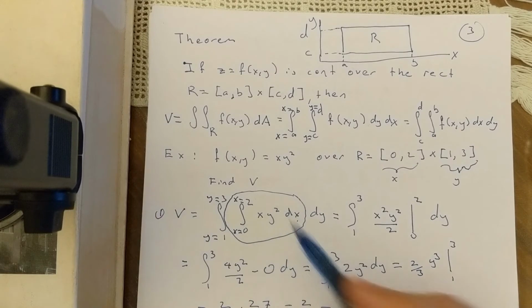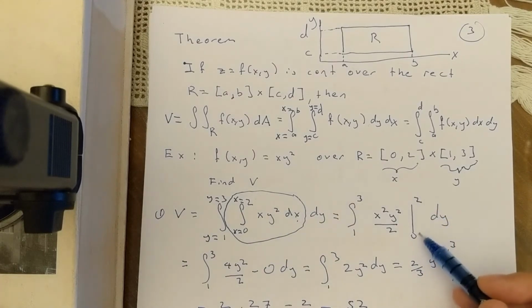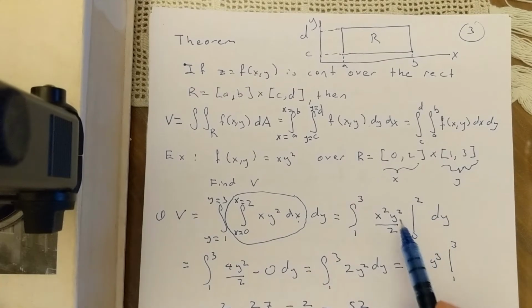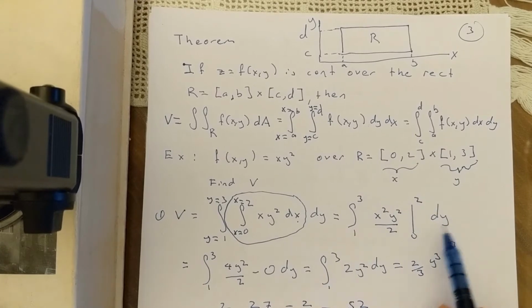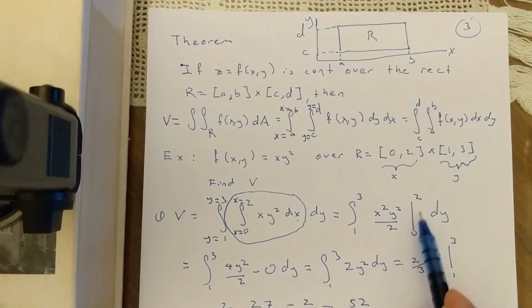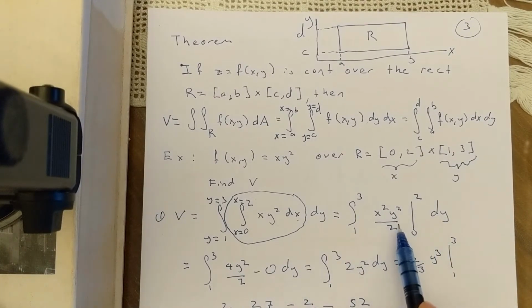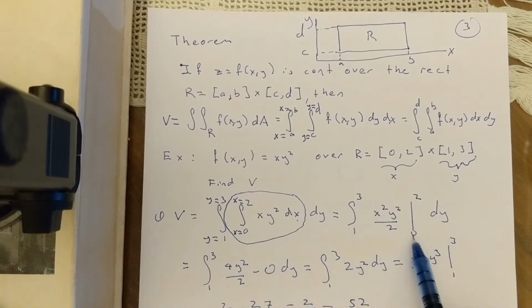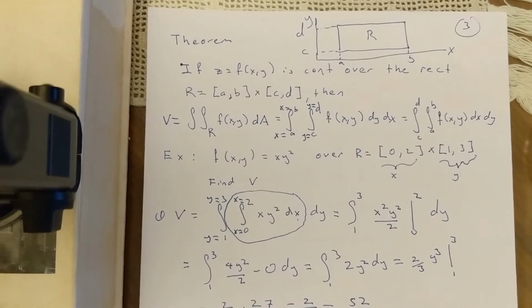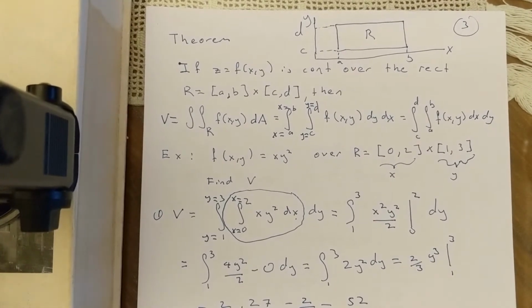Now x ranges from 0 to 2, so I have to evaluate this from 0 to 2. The outside integral stays. Now I'll do my evaluation. When I plug in 2 for x, I get 4 over 2, times y squared. And when I plug in 0, of course, I get just 0, don't I?